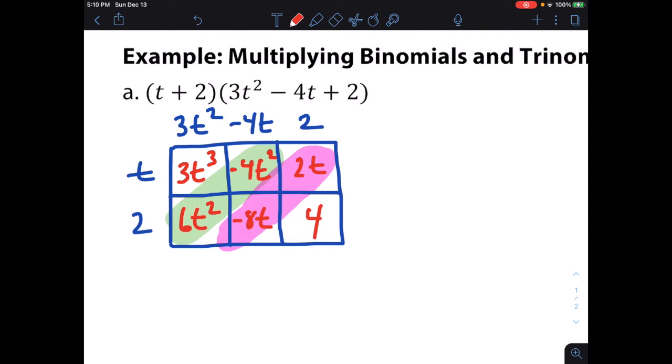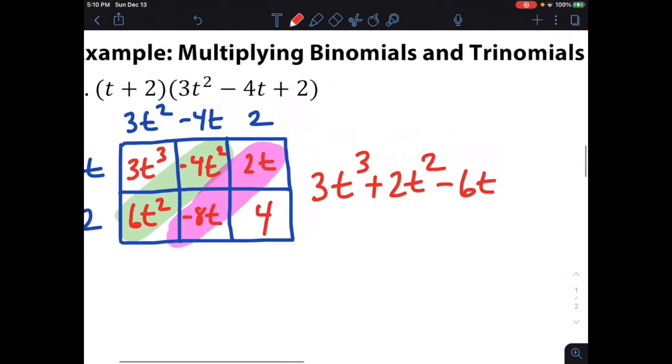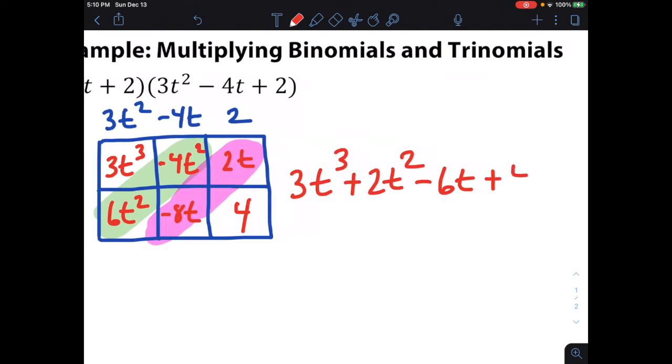Okay, so now when I combine, I have 3t to the third plus 2t squared minus 6t and then plus 4. Yeah, all right.